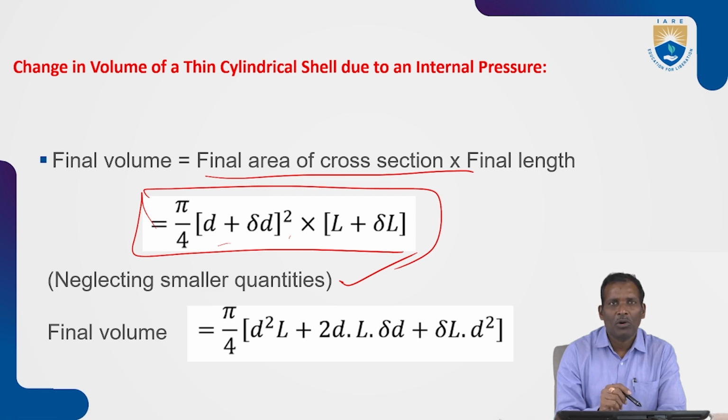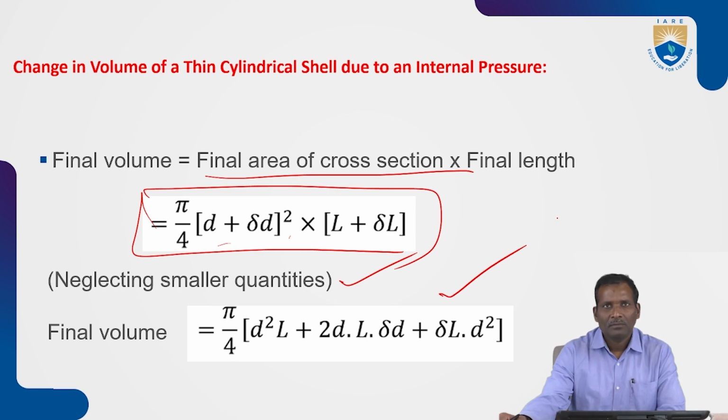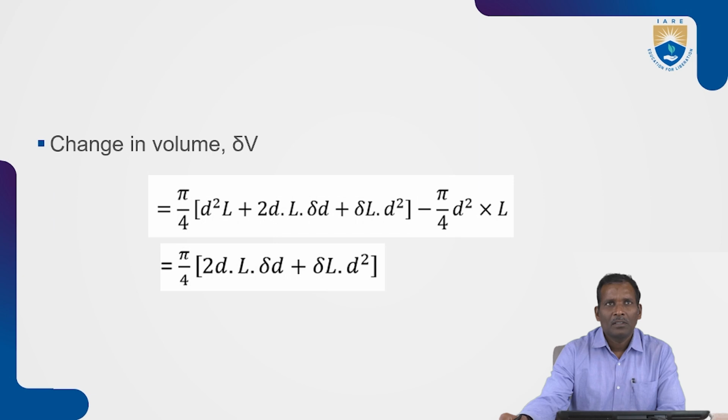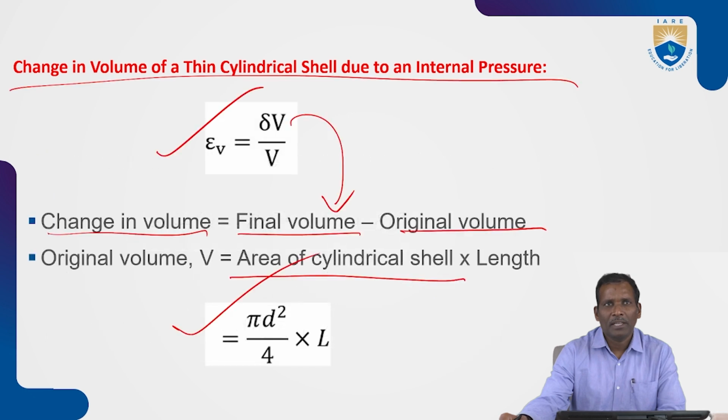So the final volume is equal to pi by 4 into D square L plus 2D L into delta D plus delta L into D square. So the change in volume delta V is the final volume calculated minus the original volume calculated here.